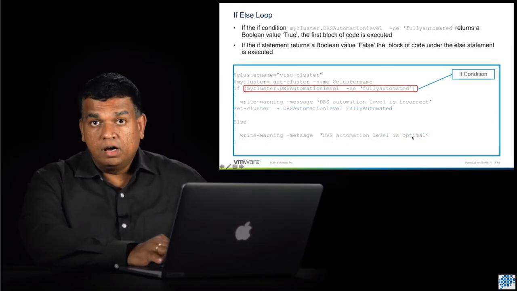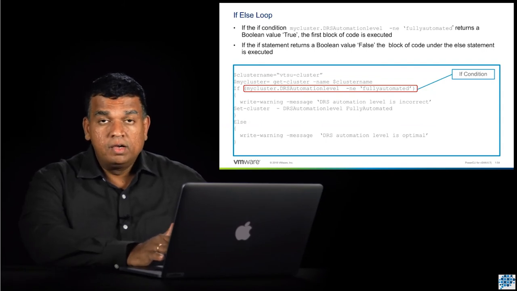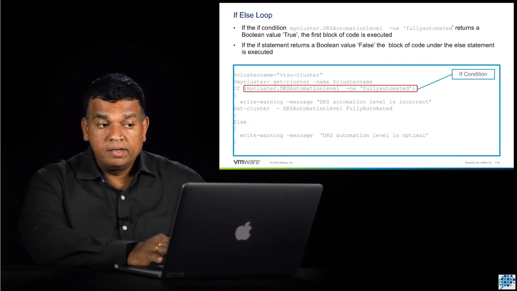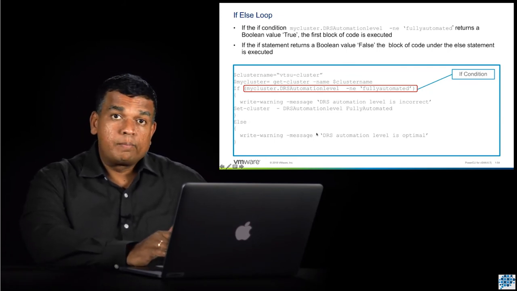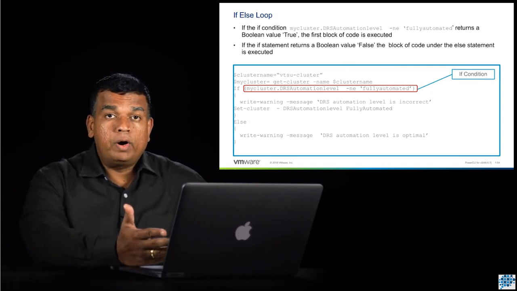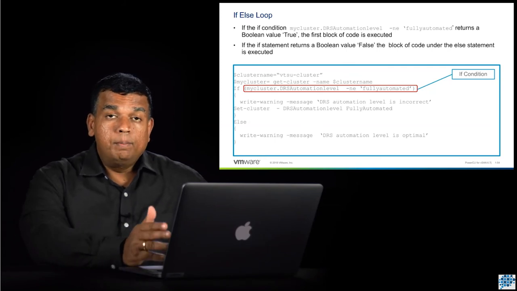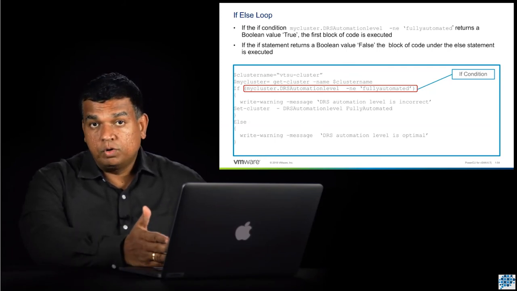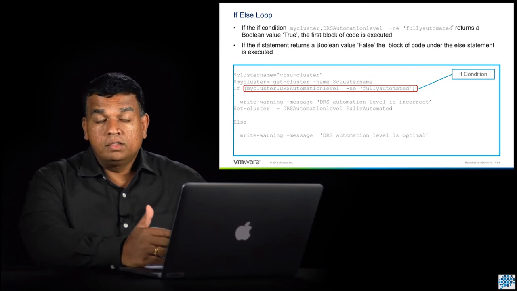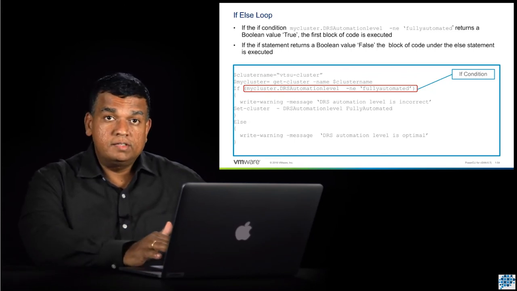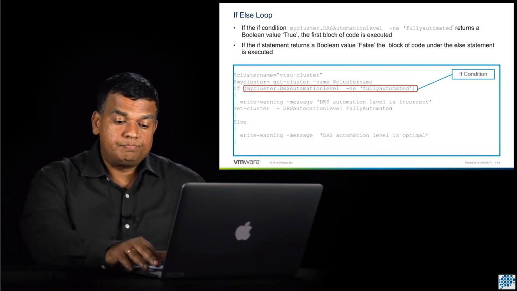This is for the case where the DRS automation level is already set to fully automated. As you can see, if you want to perform some tasks based upon whether a particular condition is true or false, the best way to do it is using the if-else statements.